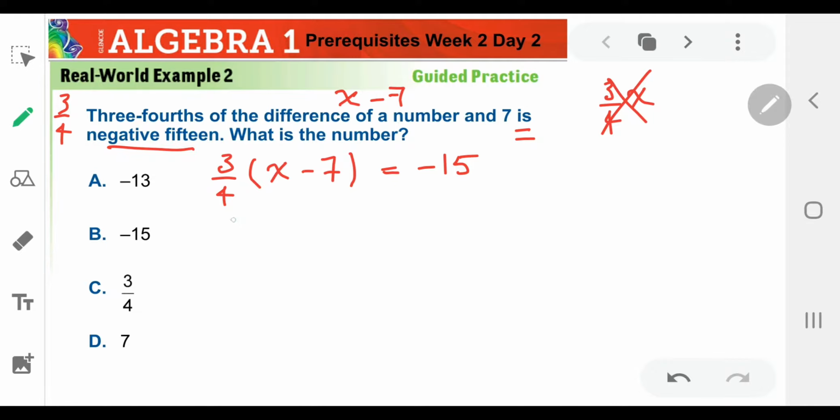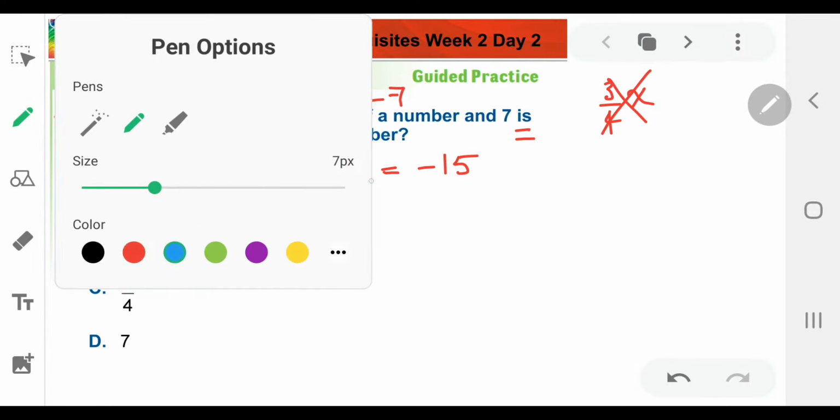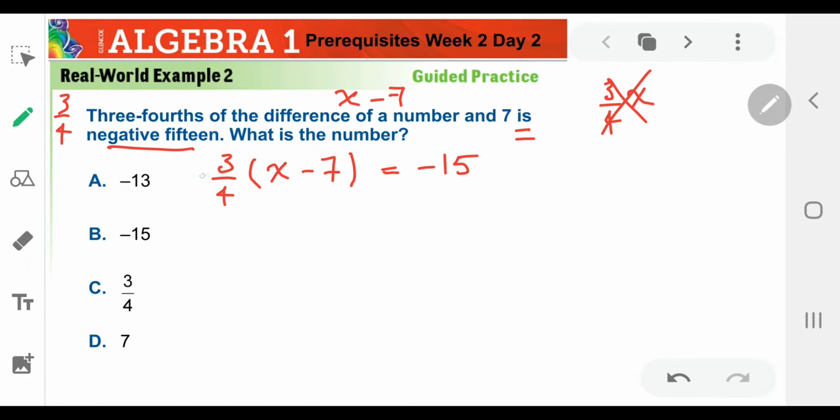As introduced earlier, to get rid of any fraction, you just multiply by the reciprocal of this fraction on both sides. I have x minus 7, the unknown variable which we need to find its value, all multiplied by 3/4. So to get rid of this 3/4, I would multiply by the reciprocal.